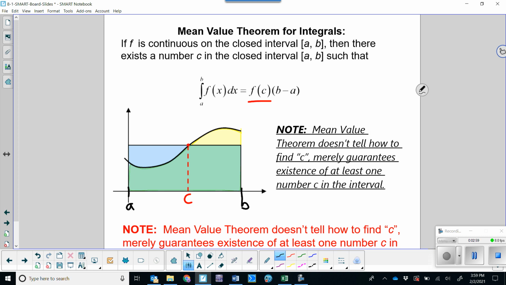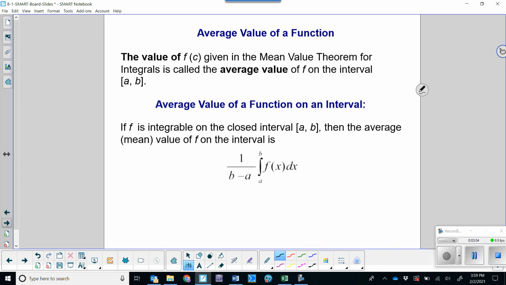Now, what we will use it for is we'll rewrite something to talk about the average value of a function. Now, this is where a lot of students get really confused. So this is really, really important to pay attention here and really say the right words to yourself. If I ask you to find the average value of a function, then you're going to integrate it.